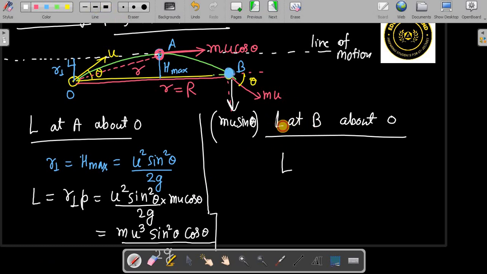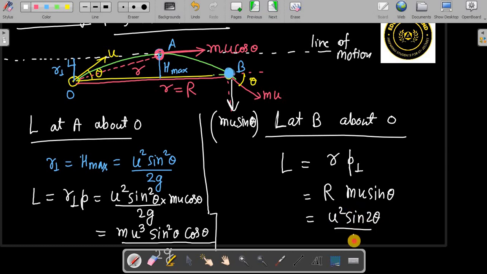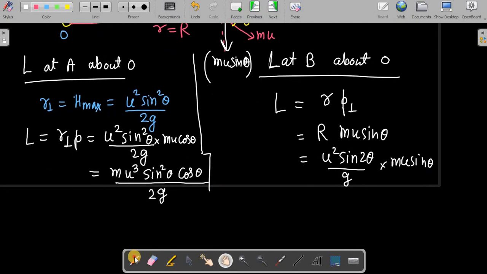So you can use the angular momentum at P as R into P perpendicular. R is the range, P perpendicular is m u sine theta. Range is u square sine 2 theta by g, and that times m u sine theta, you can simplify and you will get the angular momentum.